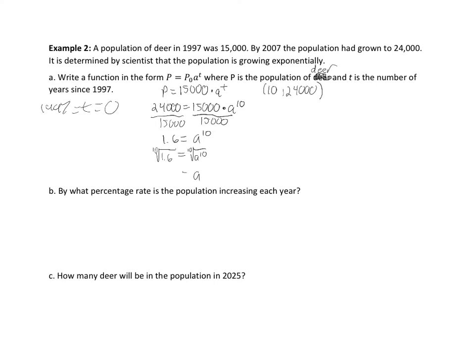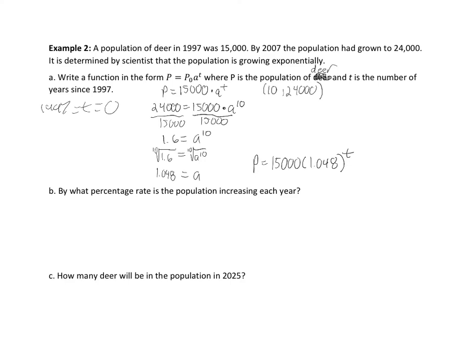So that gives us a equals, and for the time being we're just going to round that to 3 decimal places, 1.048. So now we've got everything we need to write the actual function. P equals 15,000 times 1.048 to the t.